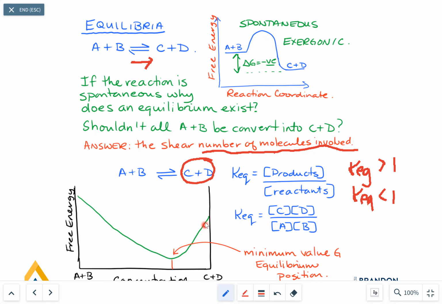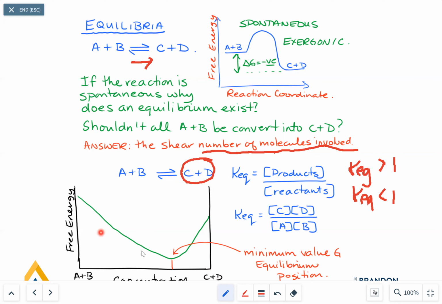And so you can think of where the equilibrium lies. What this little graph down here is trying to show is, on the far left, you've got 100% A and B and 0% C and D. And on the right-hand side, C and D would be 100% and A and B would be 0.